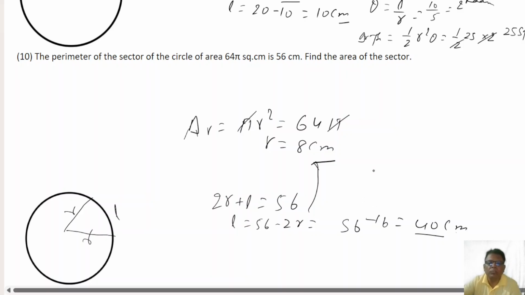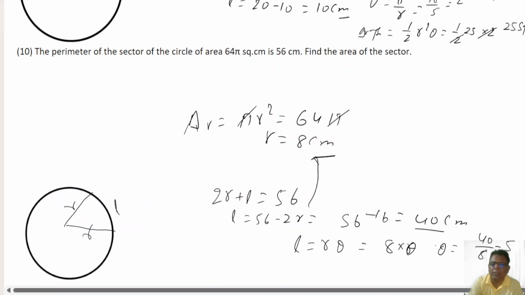So theta also you have to calculate. L is equal to r into theta. R is 8 and L is 40. So theta is equal to 40 by 8, that is equal to 5 radian.